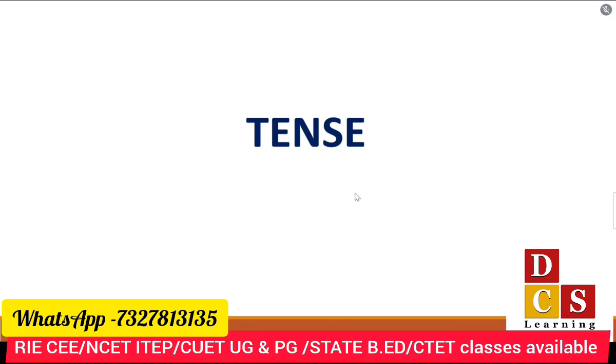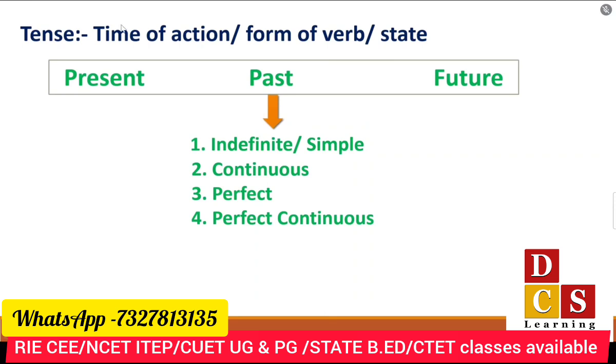So see here, time of action. Tense tells you the time of action or form of verb or state of verb. So this has been divided in three parts: present, past, or future.